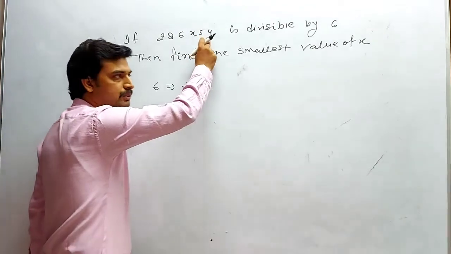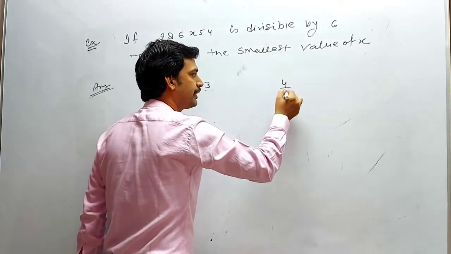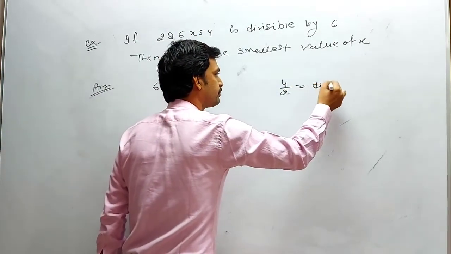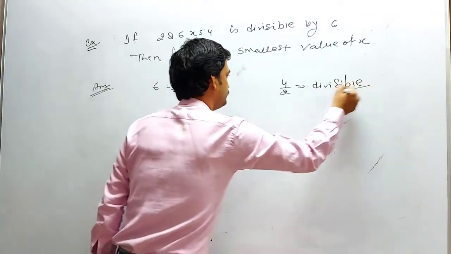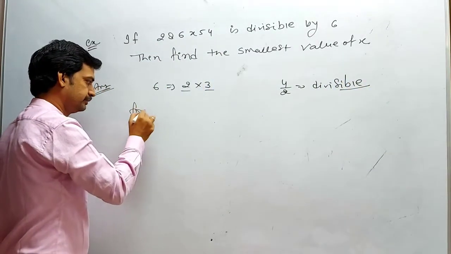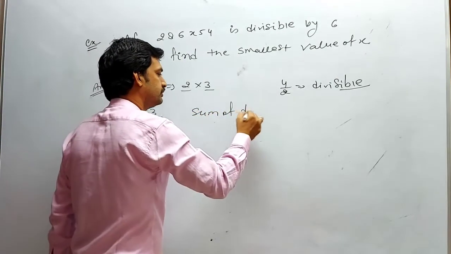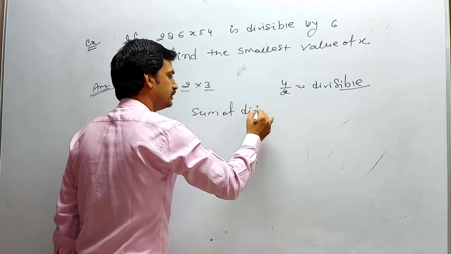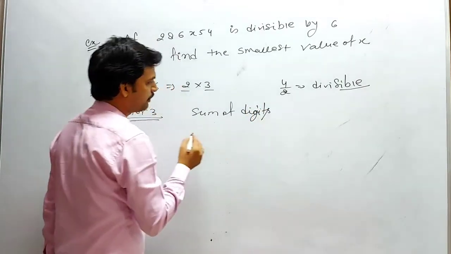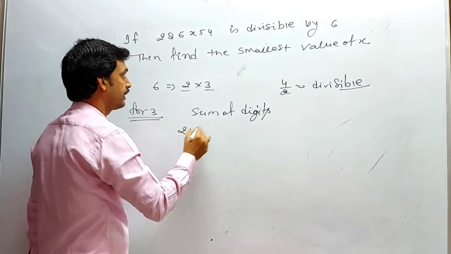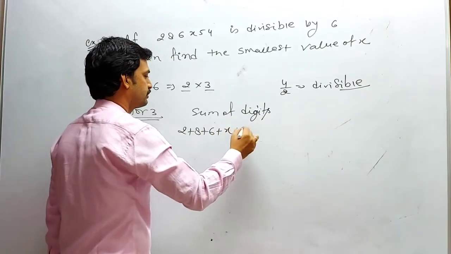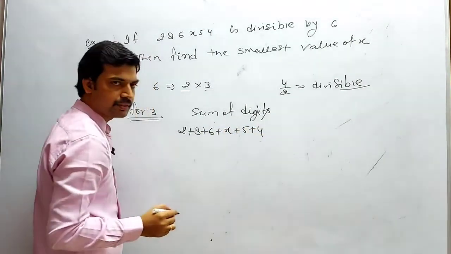With 2 it is divisible, because for 2 the unit digit divided by 2 is divisible. For 3, sum of digits. The sum of digits was 2 plus 8 plus 6 plus x plus 5 plus 4. Right?